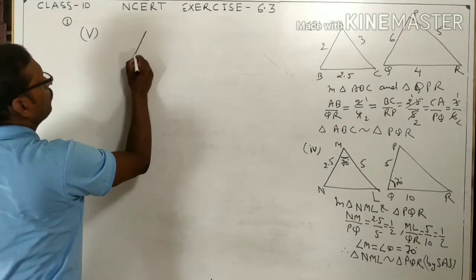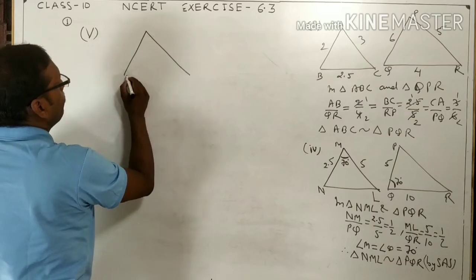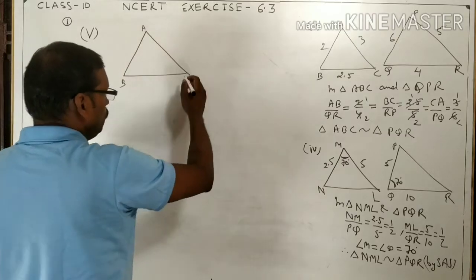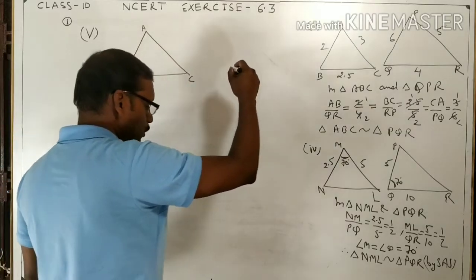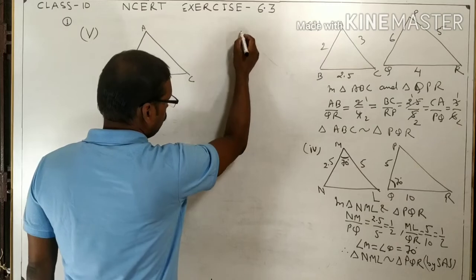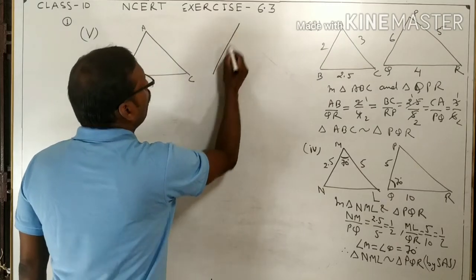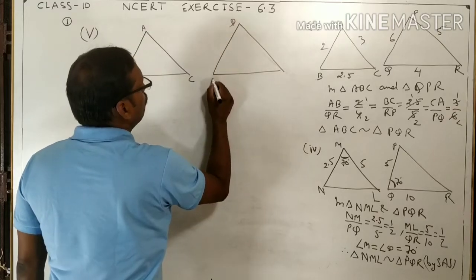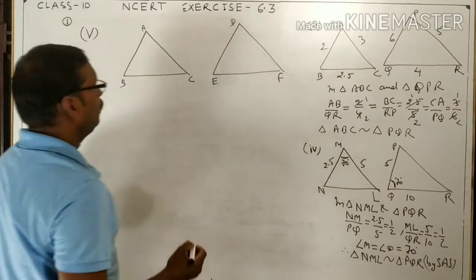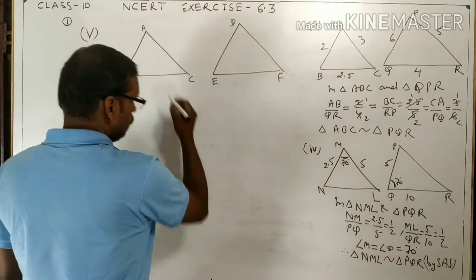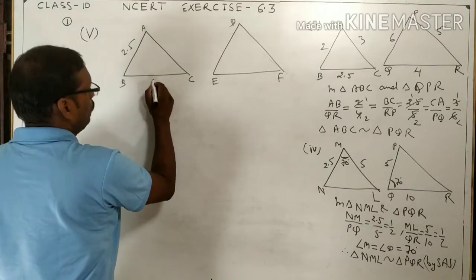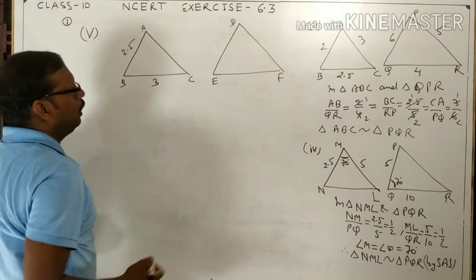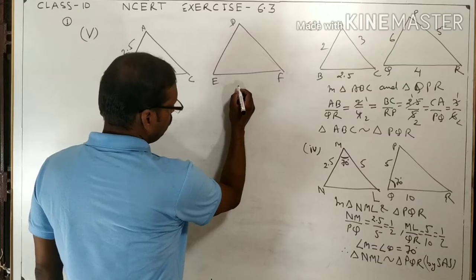Triangle ABC, A, B, C, and the second one is DEF. D, E, and F. Lengths given are 2.5 and 3, and this is 6 and 5.